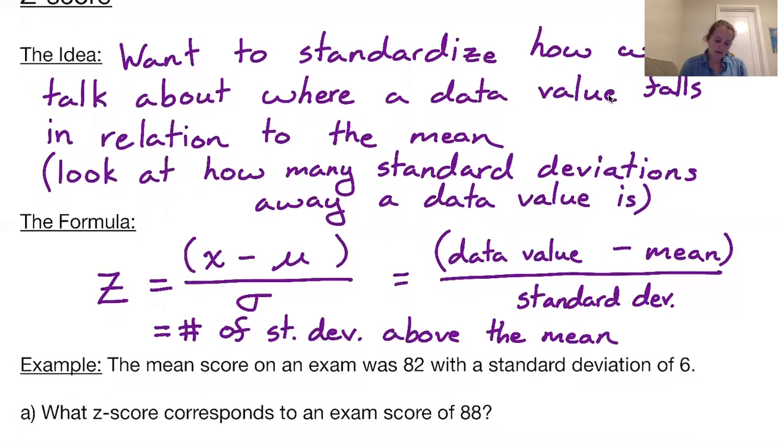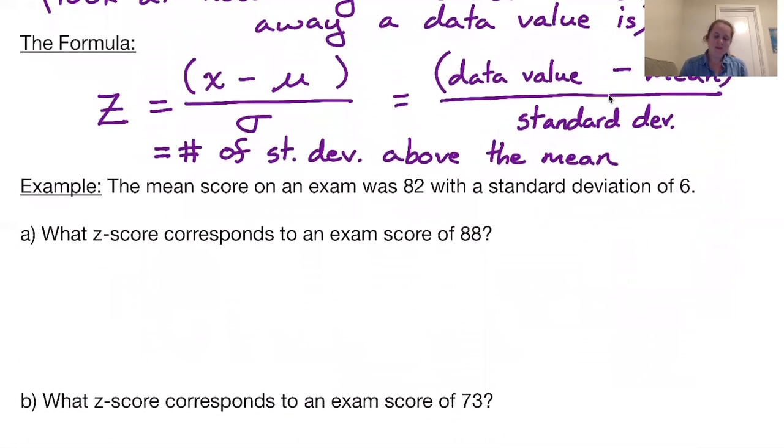So if we consider this example, the mean score in an exam was 82. So mu is 82 with a standard deviation of 6. We want to know what z-score corresponds to an exam score of 88. So that's x is 88.